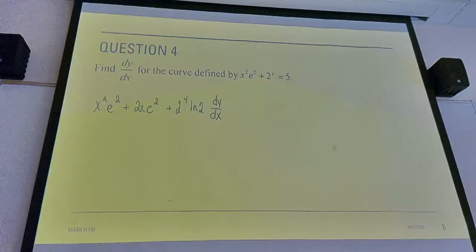Or was it the x squared e squared term on the right? What about it? It's a product rule, so you gotta multiply it. That's what that is.